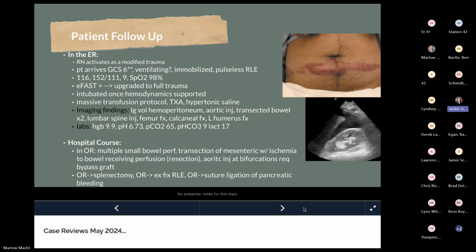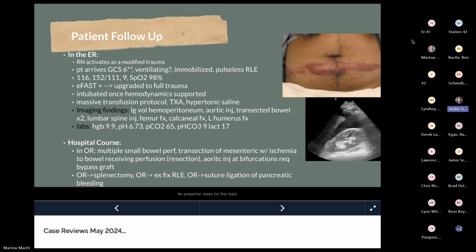So his initial vital signs, heart rate of 116, a blood pressure of 152 over 111 with a narrow pulse pressure concerning for shock. His respiratory rate is 9 and his SpO2 was 98%. We did a FAST ultrasound on him, or I did, and he had a positive Morrison sign, so concern for intra-abdominal free fluid in this setting, concern for bleeding.